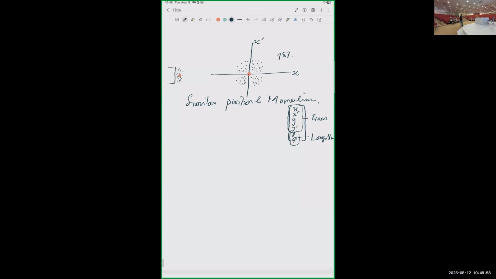Together, if I just rearrange it, this ideal particle will have a certain position in the X direction, a certain slope or velocity in the X direction. X prime is basically dx by dz. Z is the propagation direction, the direction in which the beam is moving.